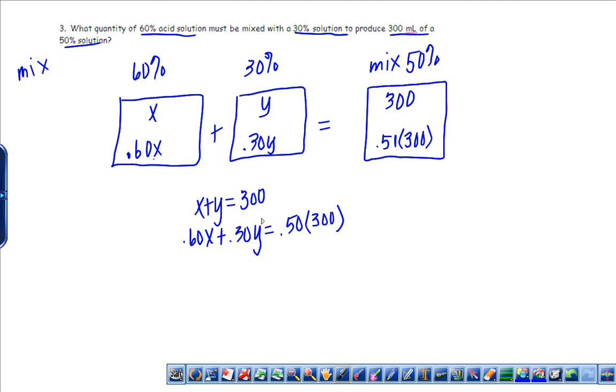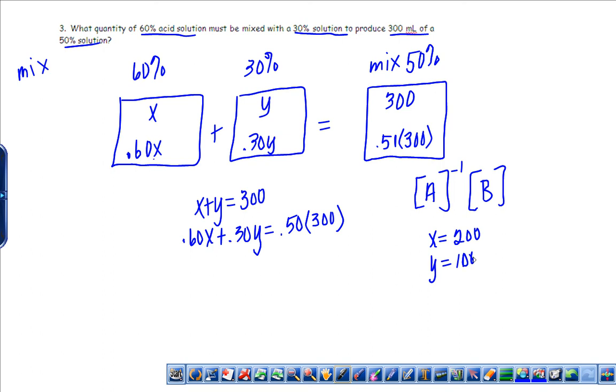Honestly, I would do matrices on this, and if you need help on that, I would be happy to help you. I use the formula A raised to the -1 and B. I know there's some others. We use this in Algebra 2. It comes up with X is 200 and Y is 100.